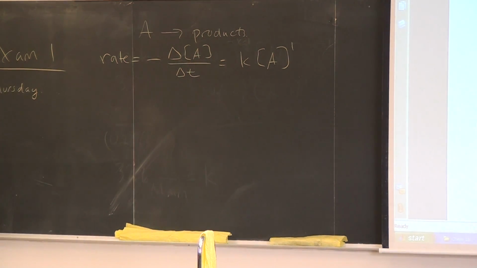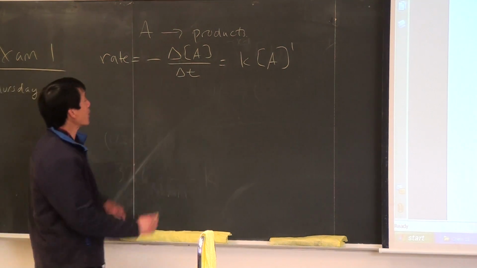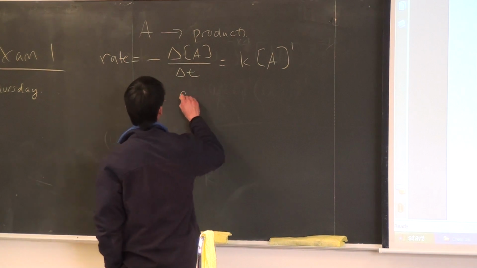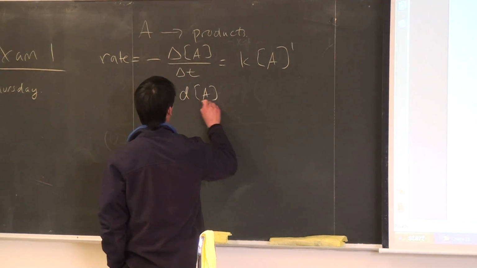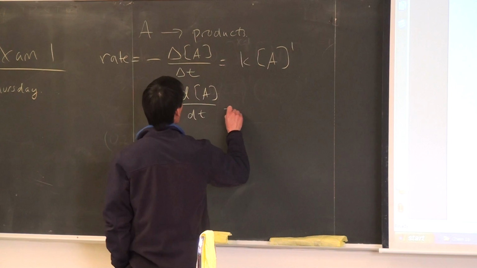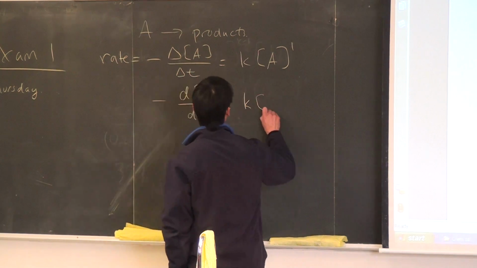Again, we're assuming it's first order. Now instead of using this delta symbol, we'll do it this way. So we'll say dA over dt is equal to K times A.